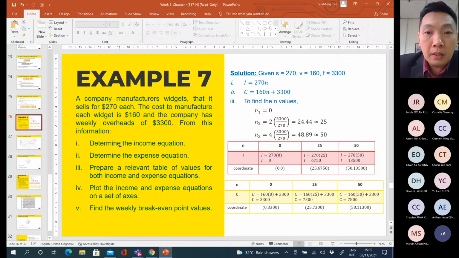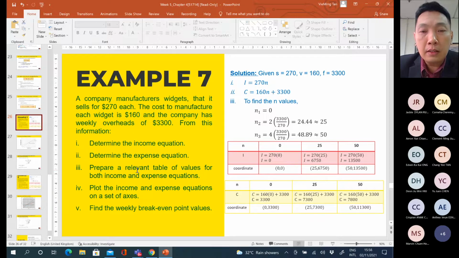Part 1. You are asked to determine the income equation, that means develop the income equation. Income is equal to selling price per unit multiplied by quantity. We don't know how many, so just put n. Apply the formula that we already learned just now. Part 2.